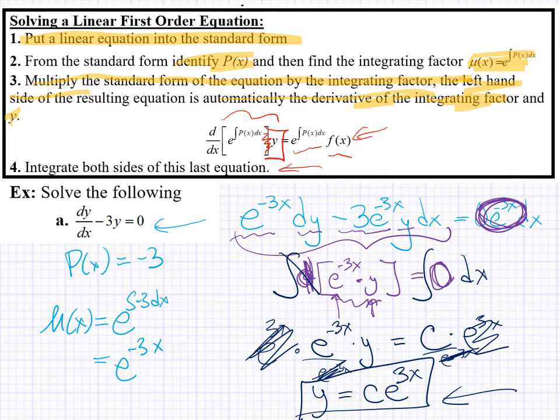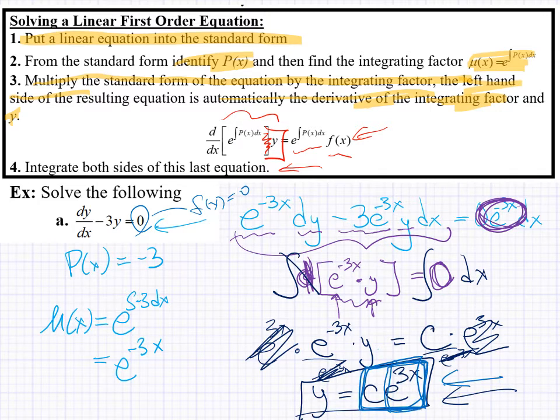Now, something to take note of. Well, two things. One, this original equation was equal to 0. So we have that f of x in this case is 0. And the solution to this differential equation was just built off of y equals c times some function.